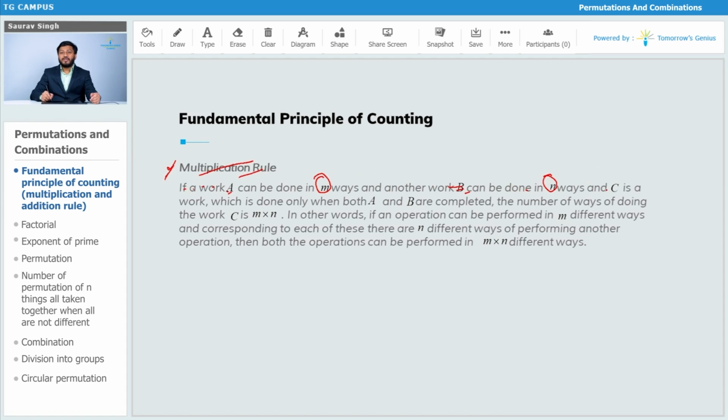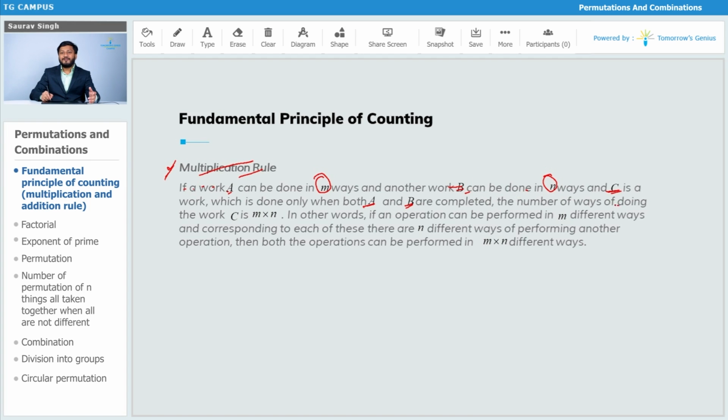Now there is another work C, which will be completed only with the completion of A and B. Whenever we get AND to complete a task, we have to multiply. Keep this in mind: whenever we have AND, we multiply the number of ways. So C is the work that is completed after the completion of A and B.